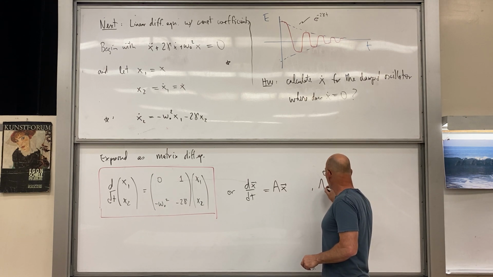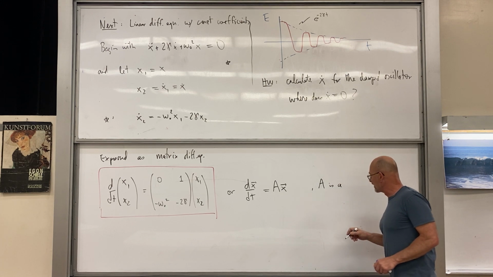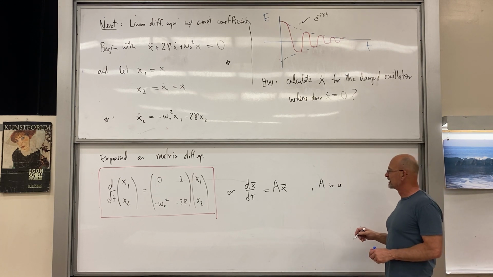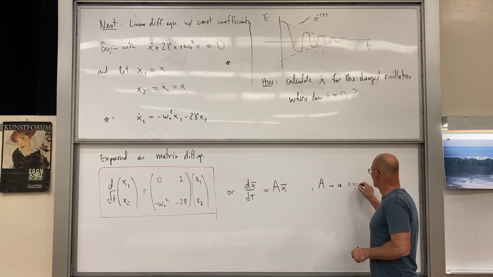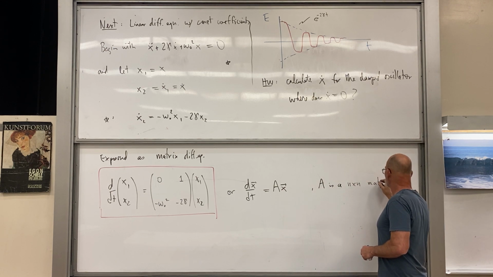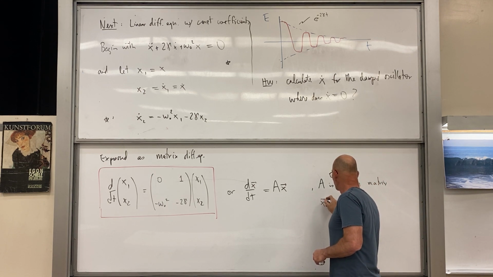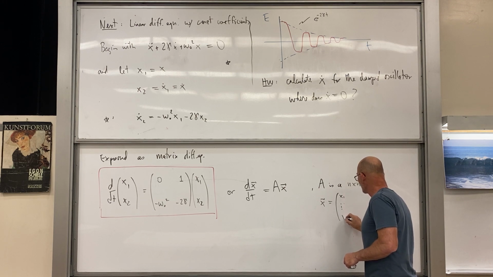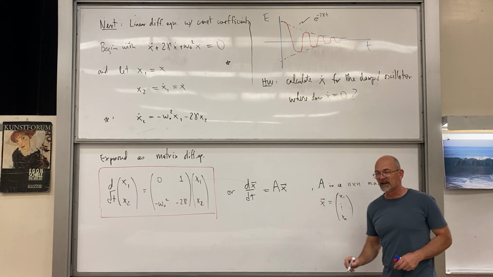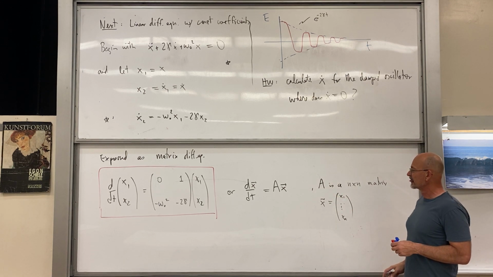And A is a matrix. In fact, it's an n by n matrix in the general case, and then x equals the vector x1 all the way down to xn in the general case. So we have a two-dimensional case, but there could be an n-dimensional case.